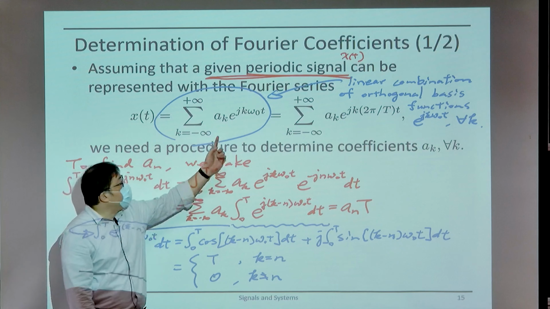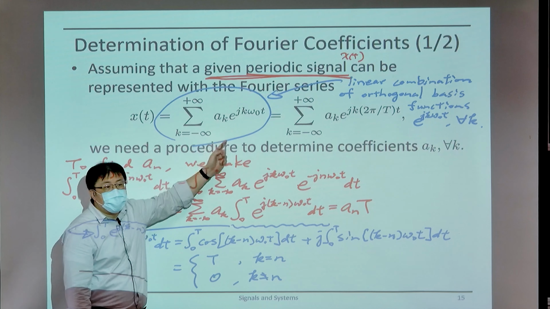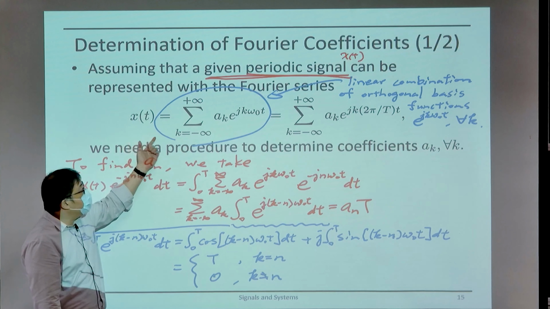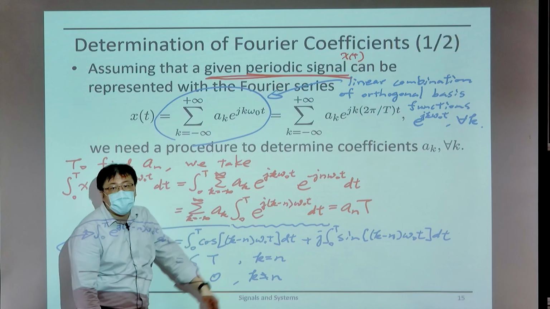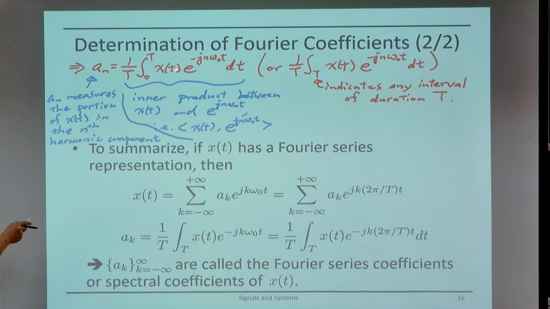And in order to find the coefficients a_k, we need to find the projection of x of t onto each one of these directions. So what we're doing here is taking the inner product of x of t with this basis function e to the j n omega naught t, and this inner product requires you to take a complex conjugate of this second function, instead of its original form.